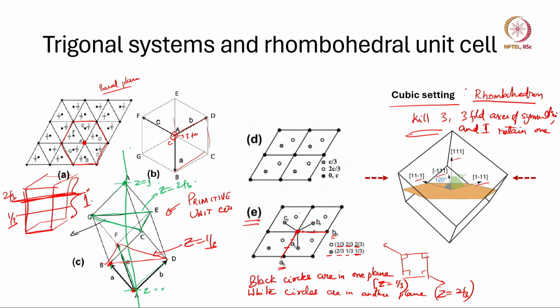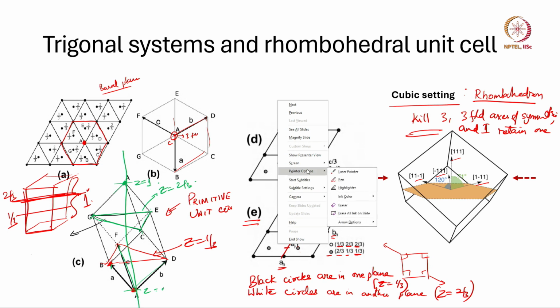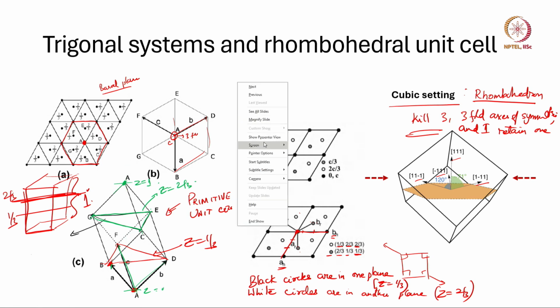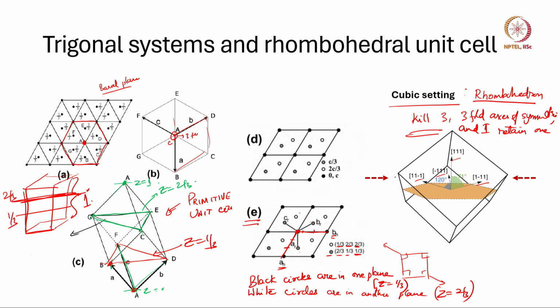Okay. So, let me change the eraser, let me erase this portion and let me change the color. In color, let me make it this. So, it is a rhombohedron where I join A and A, and that is going to be my threefold axis.